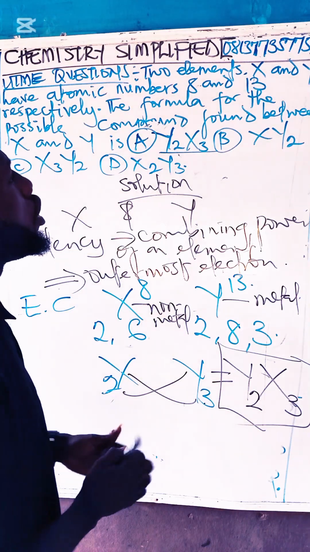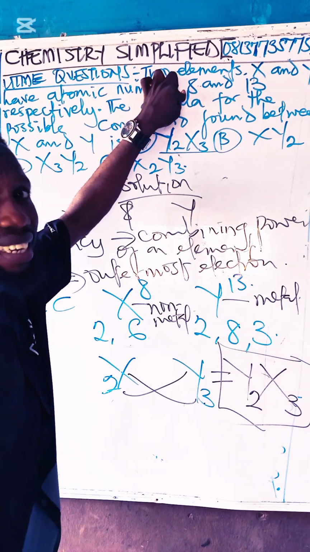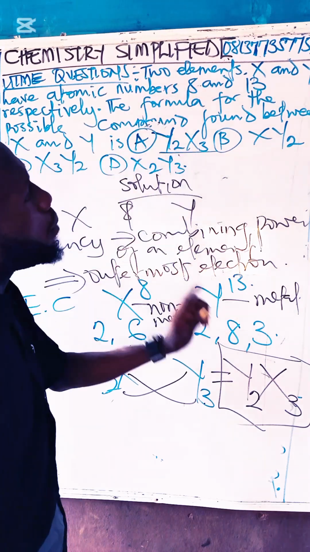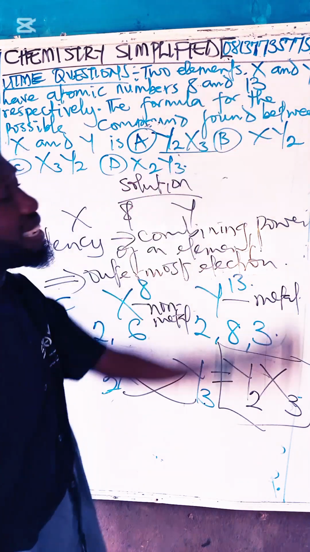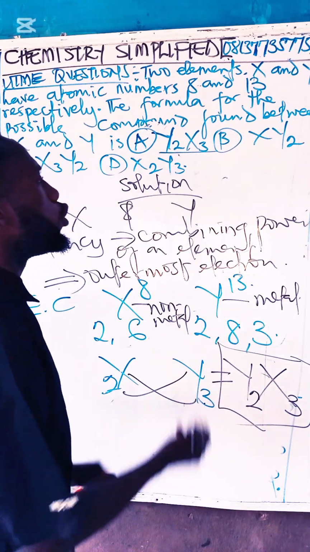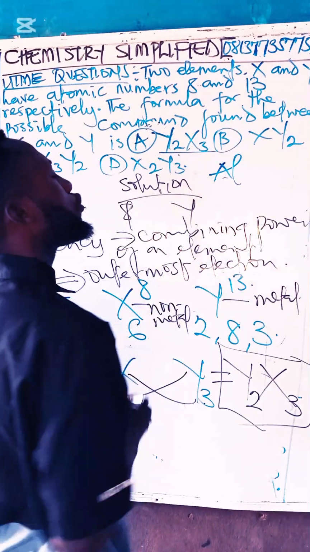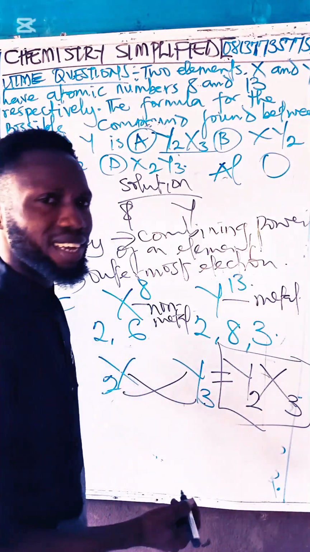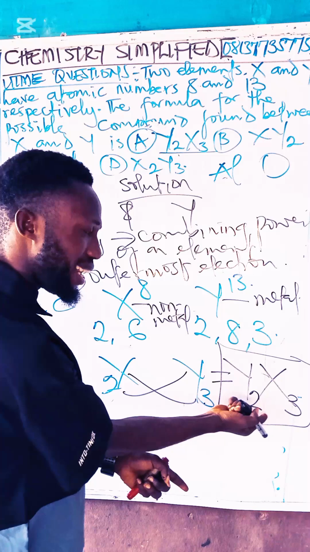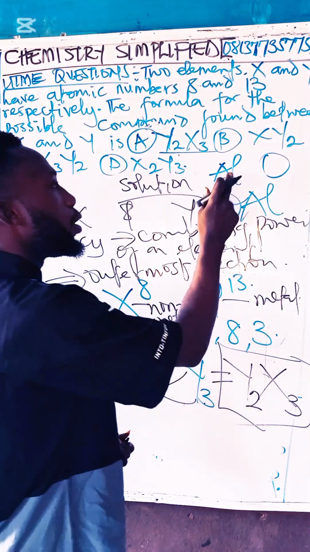Look at it. The element with atomic number 8 is oxygen. That's very fast to know. And the element with atomic number 13 is aluminum, and that's equally fast to know. Now, what is the compound formed between aluminum and oxygen? Do you understand what I just explained? You can't have oxygen first; it is aluminum and then oxygen.